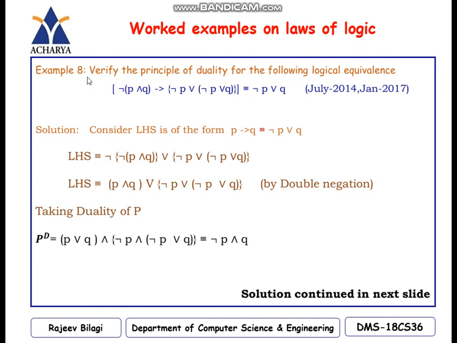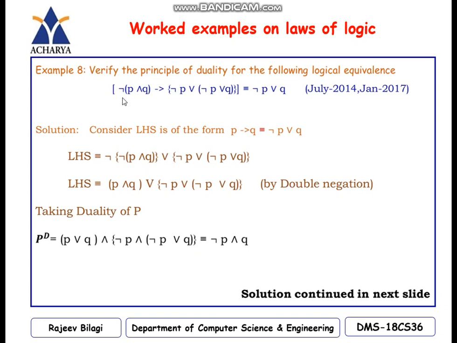Problem: verify the principle of duality for the logical equivalence. For a given compound proposition, first you find the dual of the given compound proposition. Then, for that particular dual, you check whether the compound statement is logically equivalent or not. Okay, we will see.